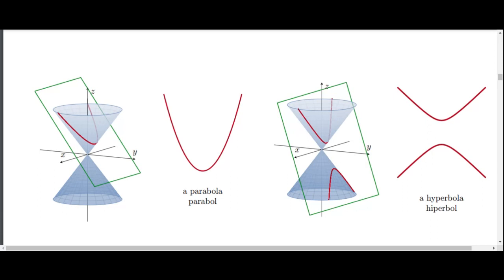Then we get this curve called a parabola. Or finally, if we slice our double cone using a very steep plane, and we look at this red curve, the intersection between the cone and the plane, we get a type of curve called a hyperbola. In this section, we're going to be discussing parabolas, ellipses, and hyperbolas.